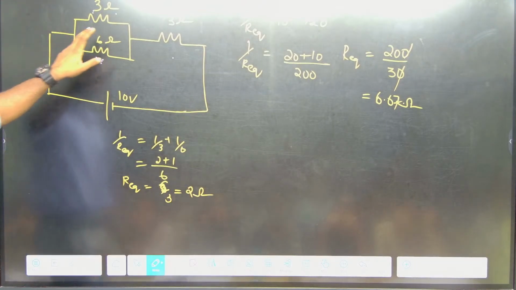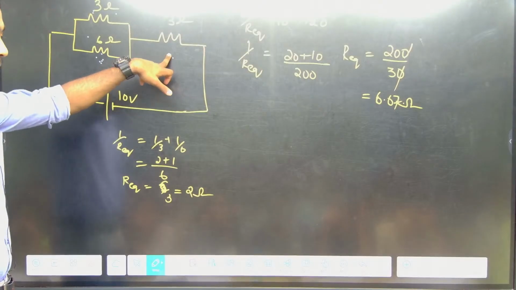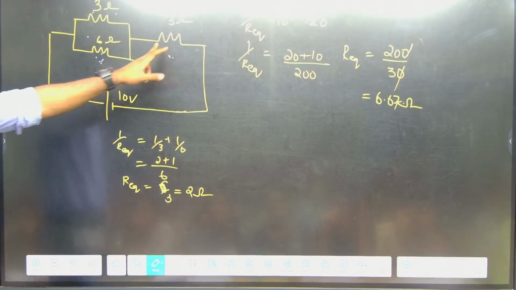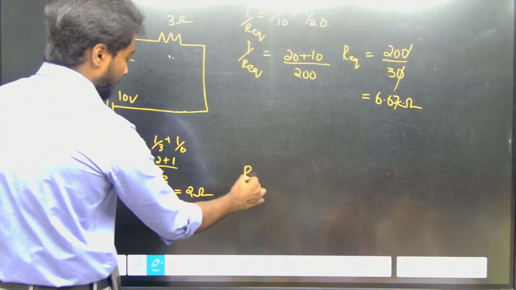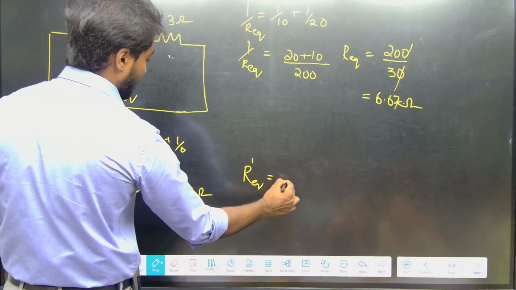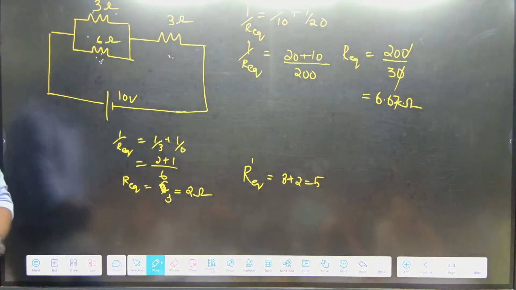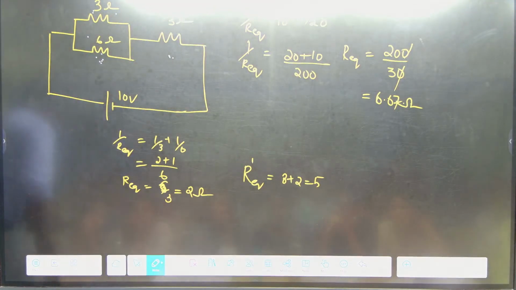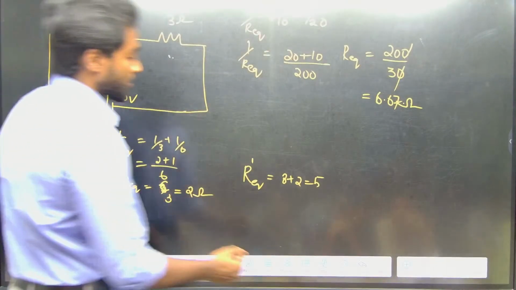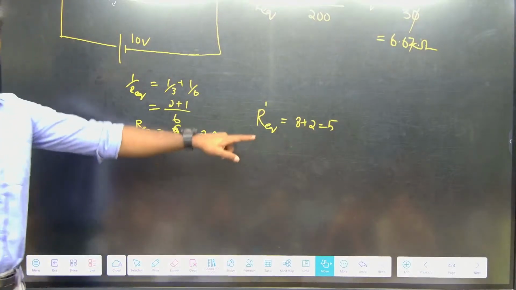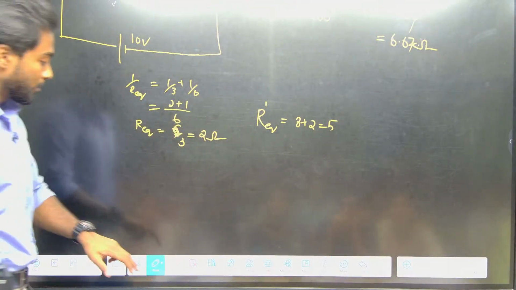So this is 2 and this is 3, which is 5. So R dash equivalent will be 3 plus 2. So we got 5 ohms as the last one.